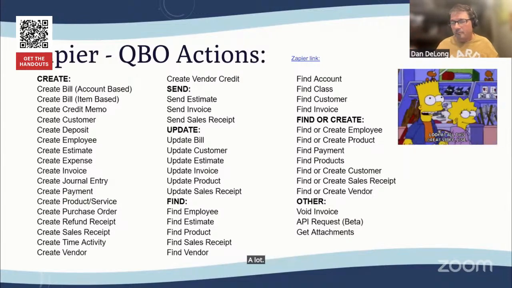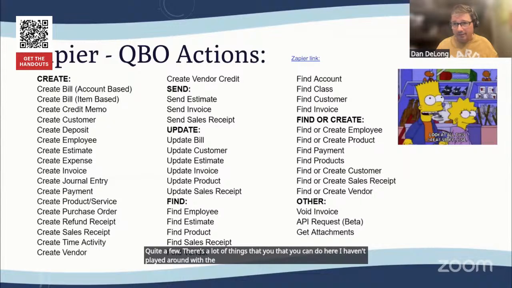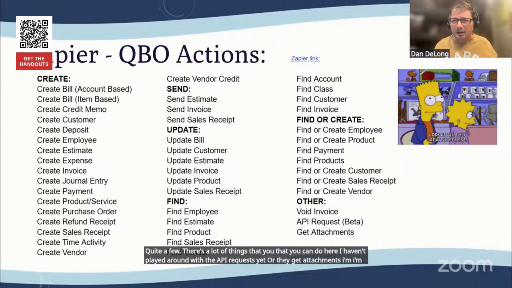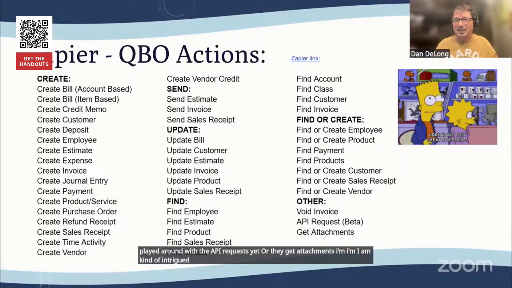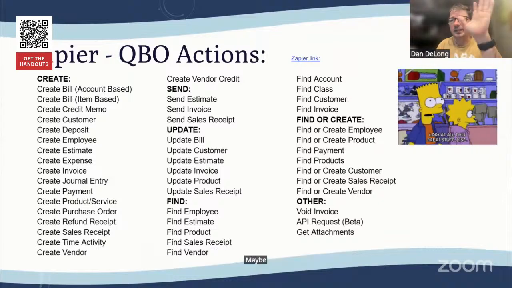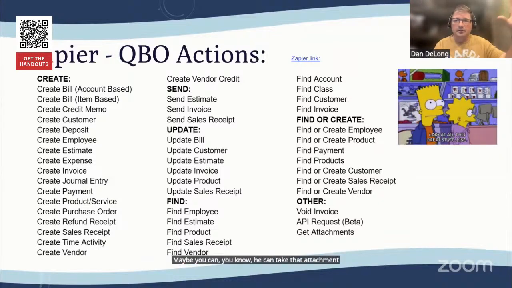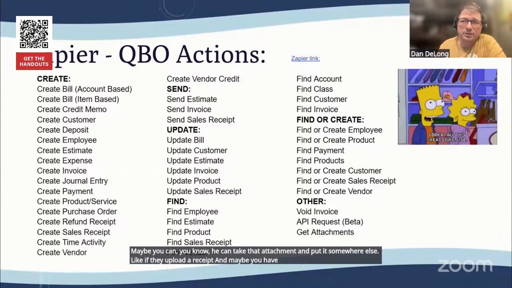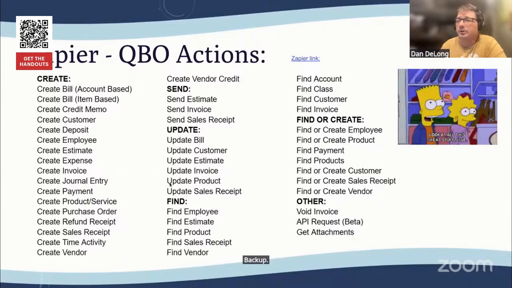I haven't played around with the API requests yet. Or the get attachments. I am kind of intrigued by that. Maybe you can take that attachment and put it somewhere else. Like if they upload a receipt, and maybe you have a document storage that is not QuickBooks, right?